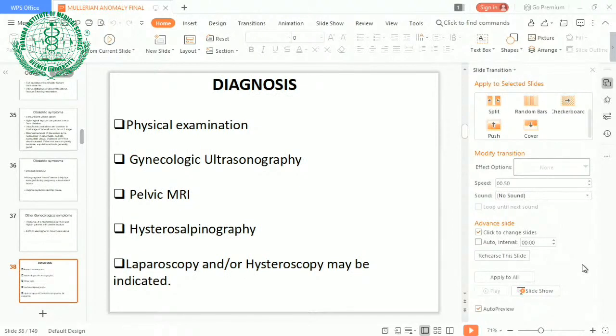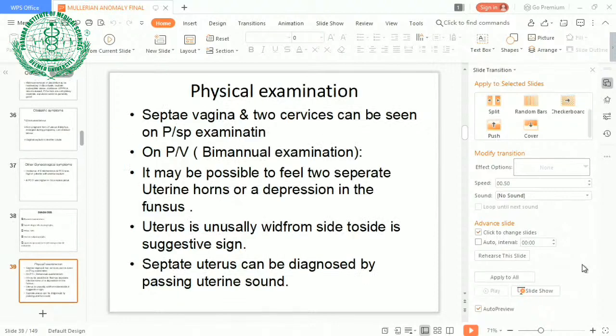after going through symptoms, physical examination, then gynecological ultrasonography, MRI, HSG, laparoscopy or cystoscopy may be indicated. Coming to physical examination, the septate vagina, that is a septum in the vagina, and two cervices can be seen on post-speculum examination directly.